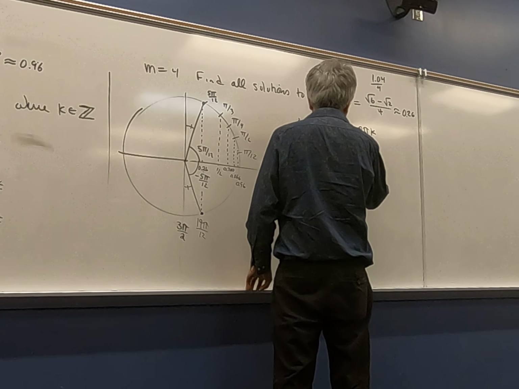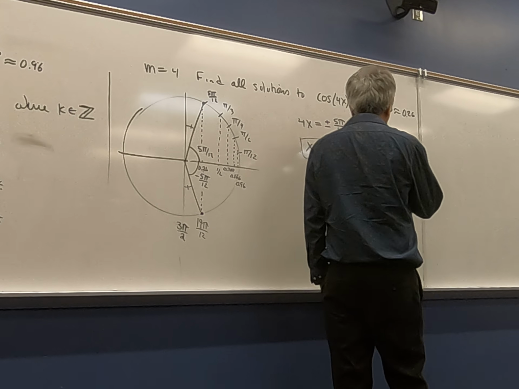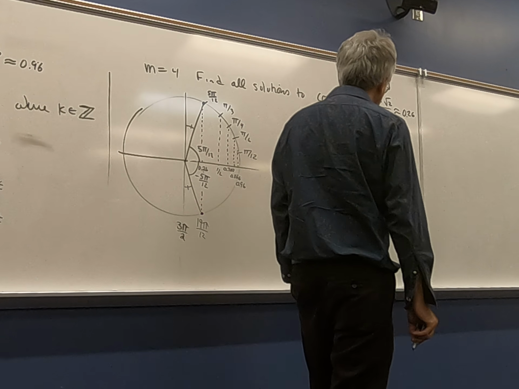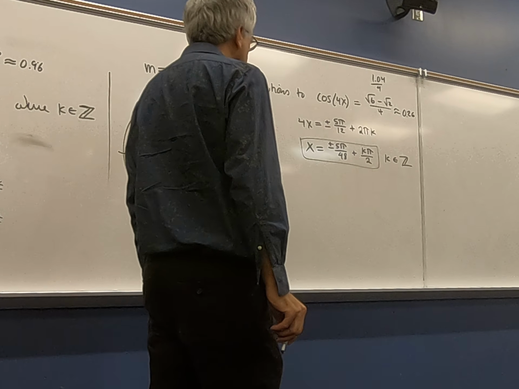So where are those angles? And so I guess you could say here they are, right? So I found all solutions where again k is in the set of integers, right? That's a k.